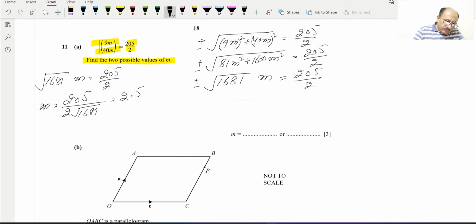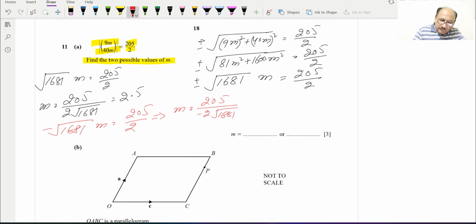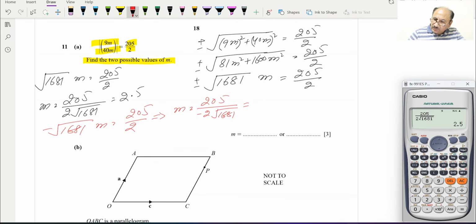So 2.5. Now for the negative value, I will change color so that you can understand. We can write this minus under root of 1681 m is equal to 205 over 2, and this implies m will be equal to 205 over minus 2 under root of 1681, and if we just change the sign over here, we will get minus 2.5.